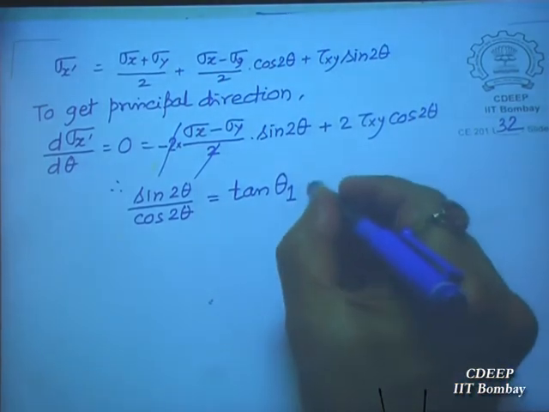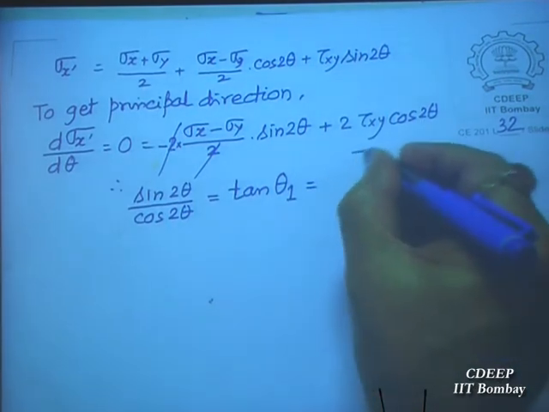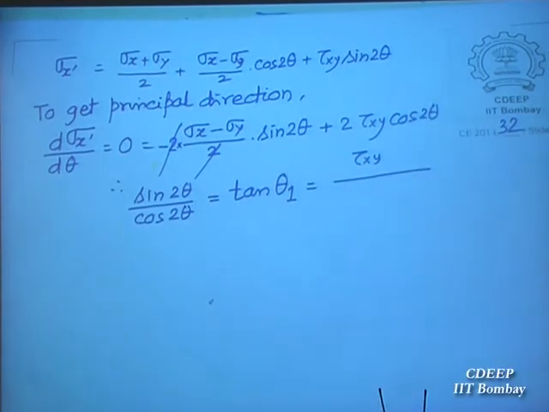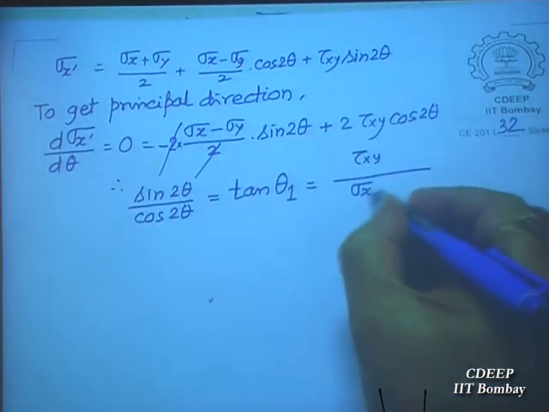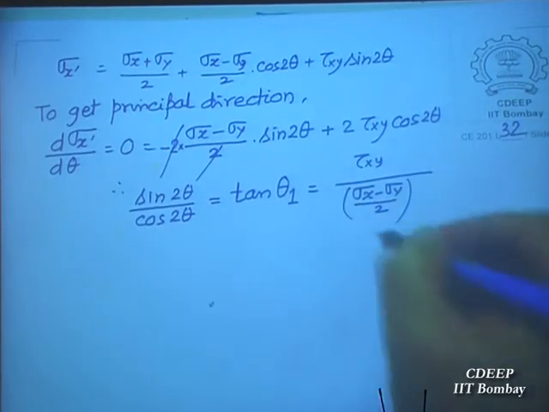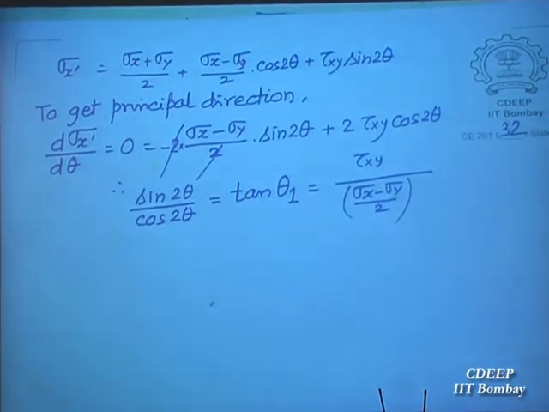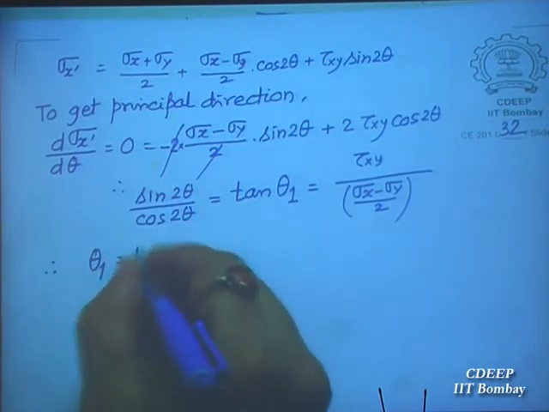So that is equal to, minus sign is there, tau xy, and the 2 I will bring below. So the principal direction can be found out from this. Therefore your theta 1 direction is the principal direction.